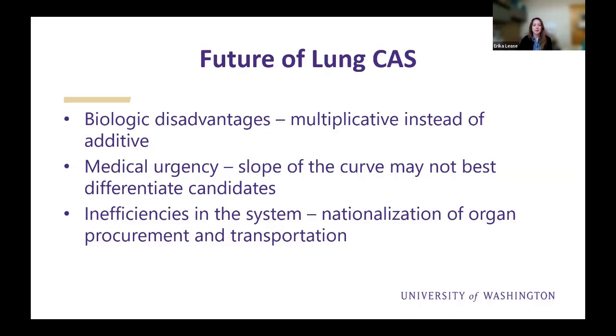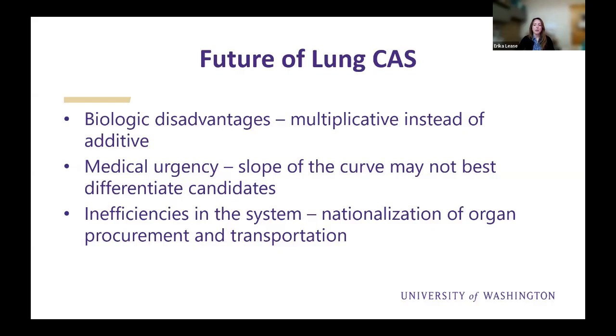And then lastly, I do think that there are inefficiencies in the system that need to be addressed, and I think that this leads to some of the problems that we've seen overall. But I think that, in my opinion, inefficiencies in the system should be addressed separately from what we would ideally have as our allocation system. The most important thing in my mind is that we get the right organ to the right patient, even if that patient is 30 miles away or 3,000 miles away.